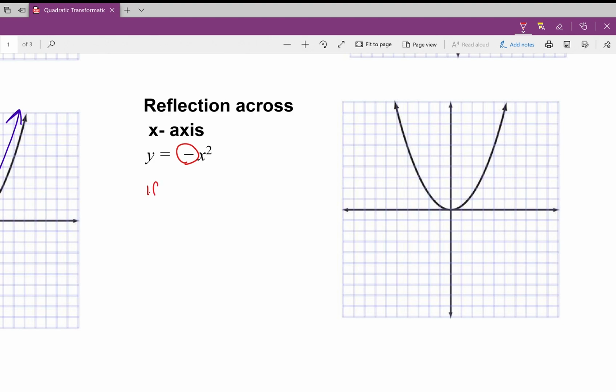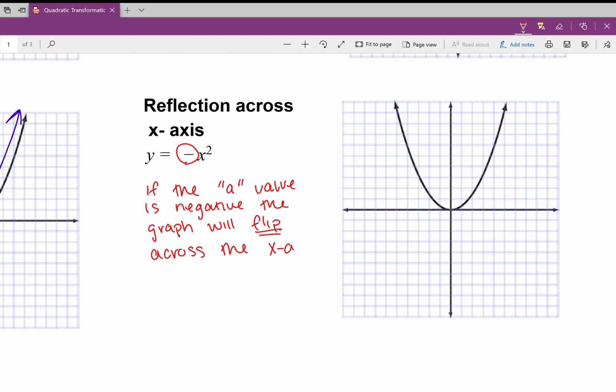So if the A value is negative, the graph will flip, that's our key word, flip, across the x-axis. So it would look like this. So now instead of a minimum, it's turning into a maximum. It flips across the x-axis. It's a reflection. Okay? And we notice that if we have a negative A value.